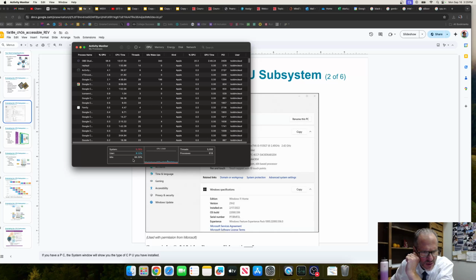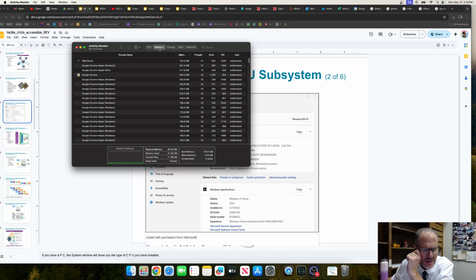If I was to do more stuff on this computer, I could also see how the memory is being used. I'm using 21 or 22 gigabytes of my 36 gigabytes. So looking at this tells me that when I get my next computer, maybe I want more than 36 gigabytes of memory, because I'm already at 22 and I'm just running a bunch of tabs and recording a video.